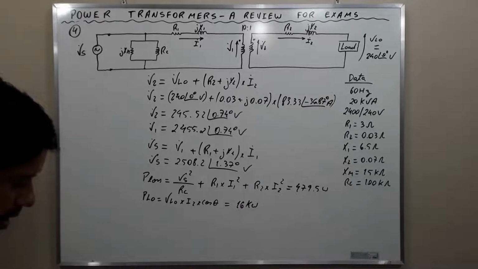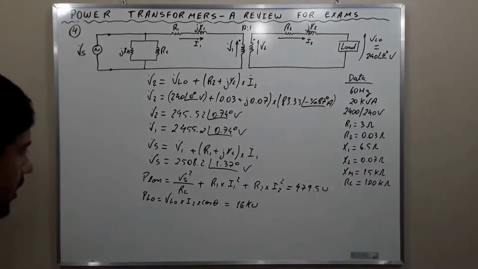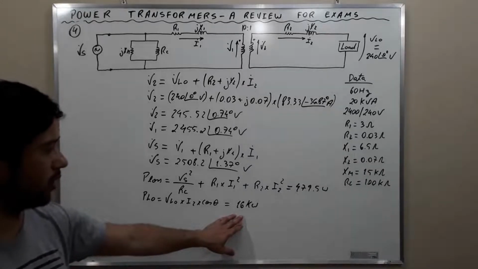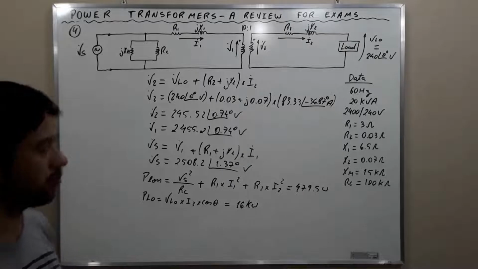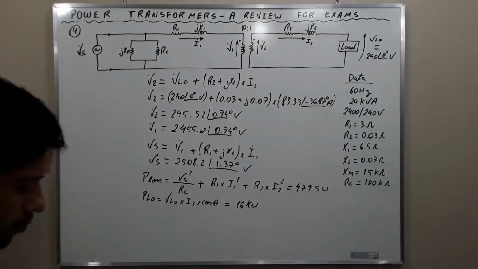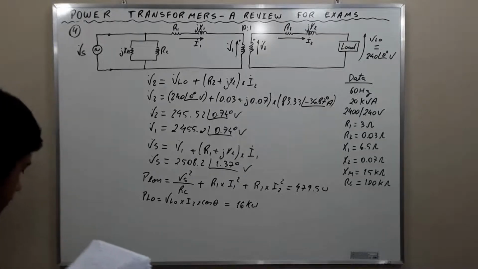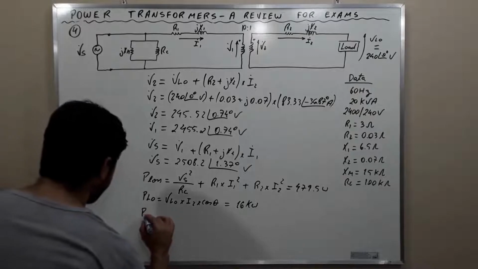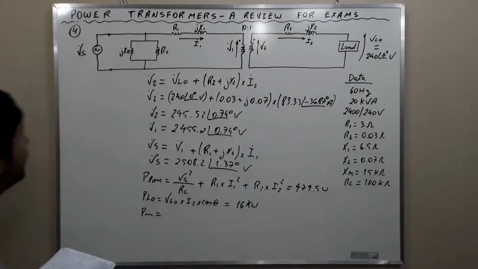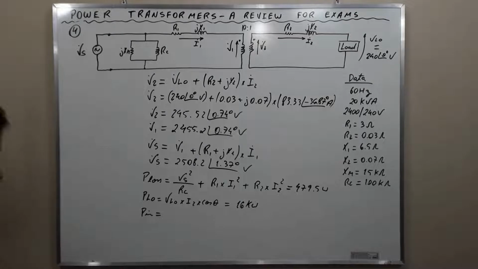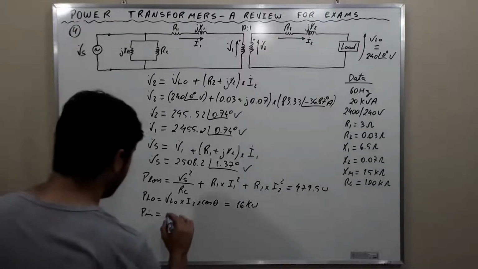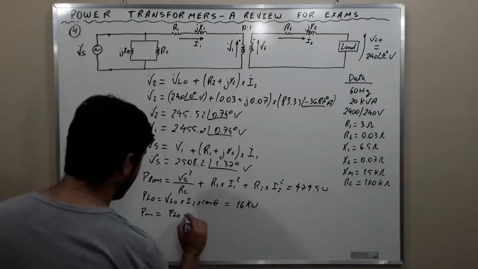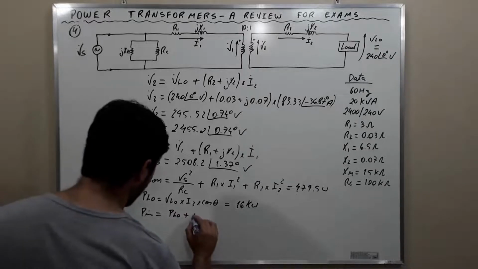The input power. This is the power delivered to the load, okay? 16 kilowatts, the power delivered to the load. The input power is given by the power that enters the transformer, which is going to be the output power plus the power lost.